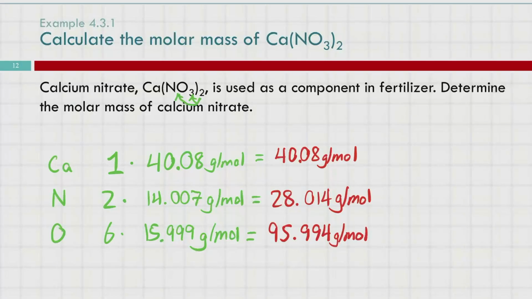If you have a calculator that can do multiple things at once, you don't have to add them up individually. You don't have to multiply them individually. You can do them all at once. And then we add all of those together, and we get 164.088 grams per mole.